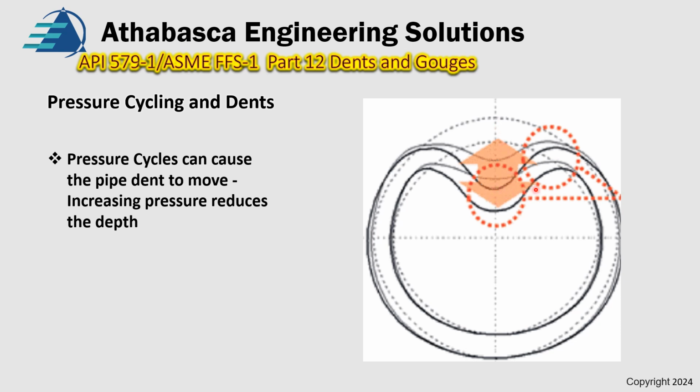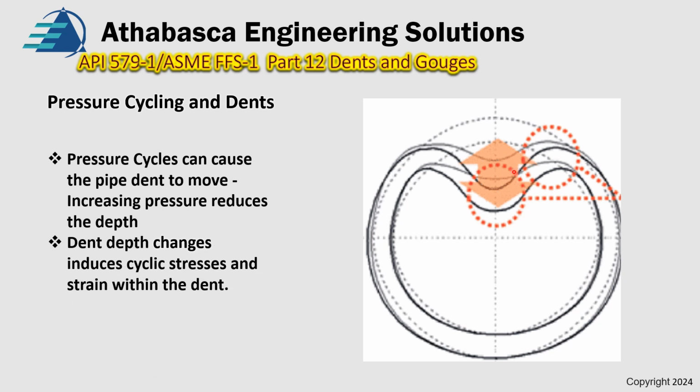But of course, it doesn't always go completely back. It's very difficult to predict. So as the line goes through cycling of pressure up and down, this cross section of pipe will begin to fatigue in areas like the corners here, where we would expect to see the most strain. The changing dent depth basically induces cyclic stresses and strain within the dent.